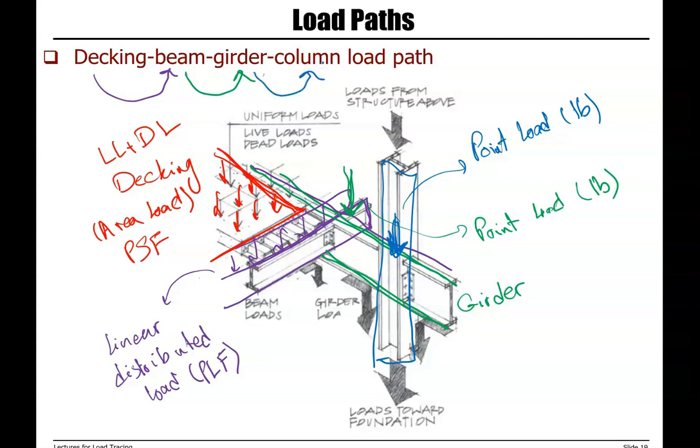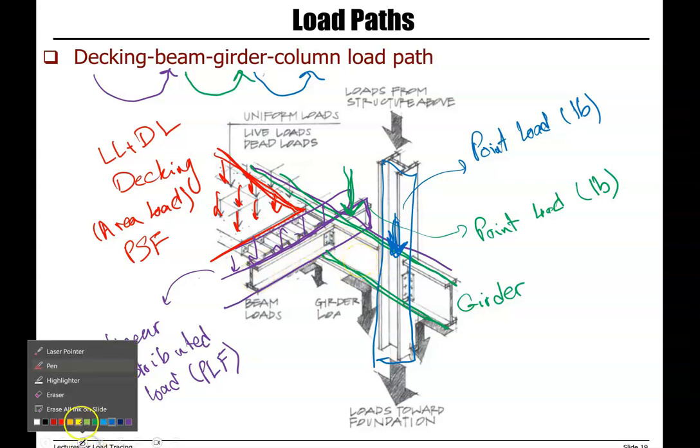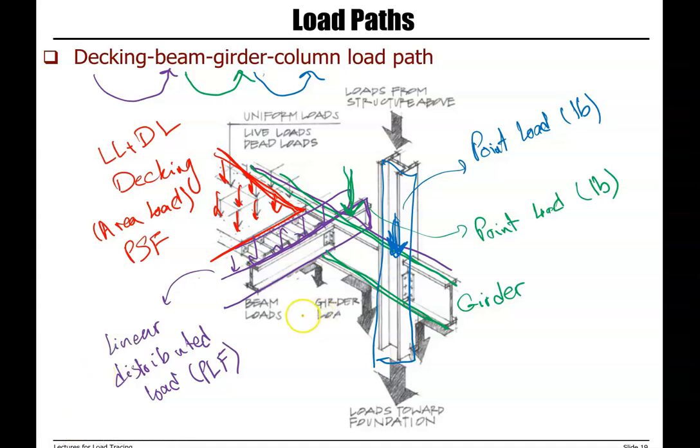And that is our load path, from decking to beam to girder to column. So you need to pay attention to the connection details that we have. You see that here, beam is connected to the girder. We may have a different connection where our beam can also be connected to the column. Then it directly goes to the column.